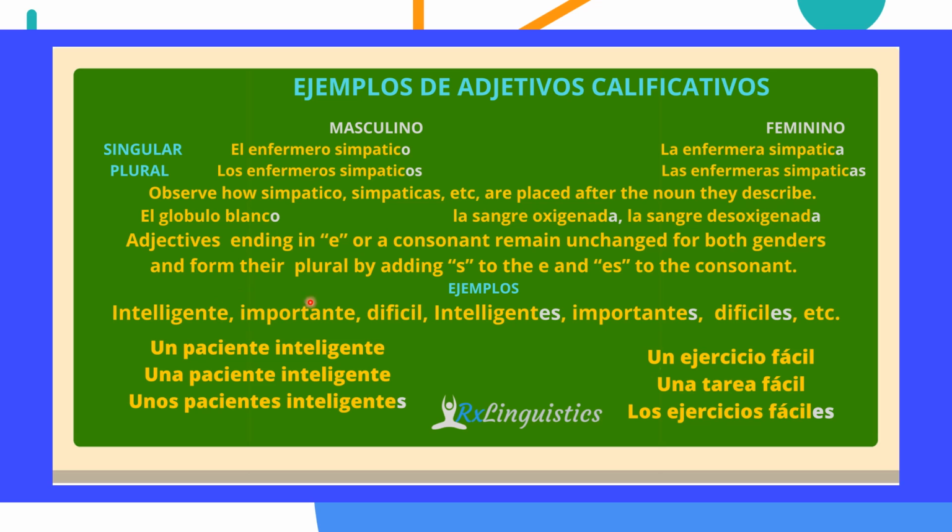Okay. So now, besides adjectives ending in O and A, there are other adjectives like this one here that end in E or end in a consonant, okay? And their behavior is different. When the adjectives end in E, whether it's masculine or feminine, the ending remains the same.